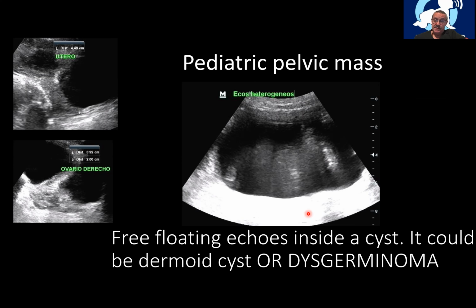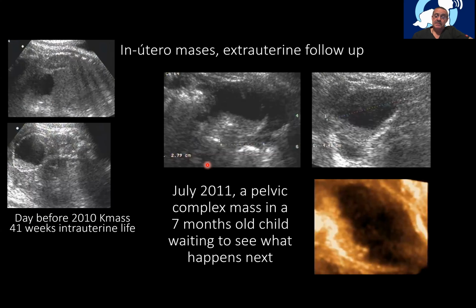It could be a dermoid cyst, or it could be a dysgerminoma or another kind of malignancy on a young girl. This is the small, normal to the age uterus, 4.4 centimeters, right ovary, left side, complex mass.